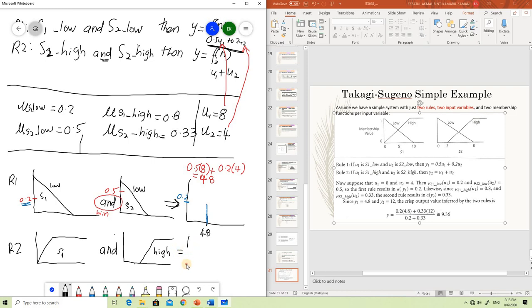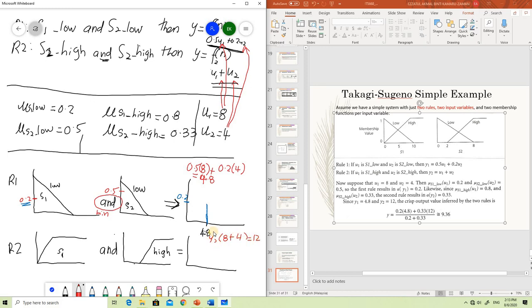High. So what would be the value of the spike here? The value on the universe of discourse is based on the mathematical function here. So we will do it again. 8 will be substituted into u1, 4 will be substituted into u2. So 8 plus 4 is equal to 12.